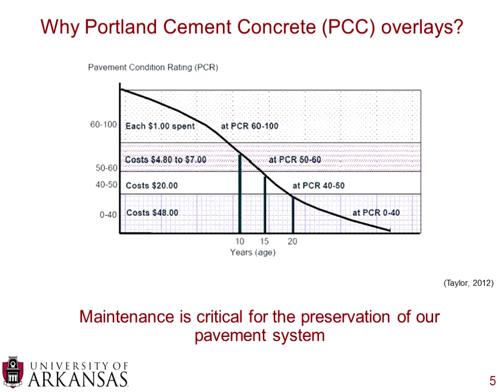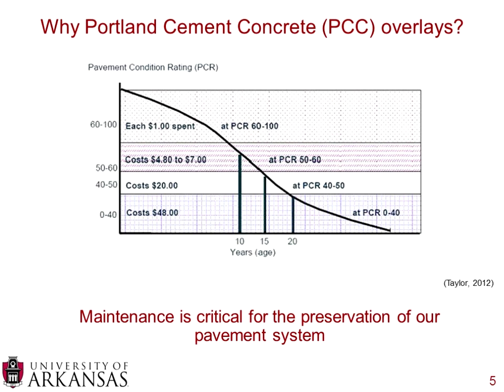You can see here that if you spend $1 in maintenance between that 60 to 100 rating, any $1 spent there is equivalent to anywhere between $4.80 and $7 in the 50 to 60 range. So once the pavement starts deteriorating more significantly, your costs go up almost 5 to 7 times.